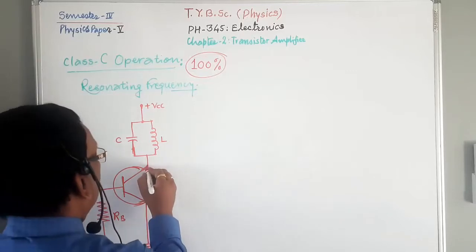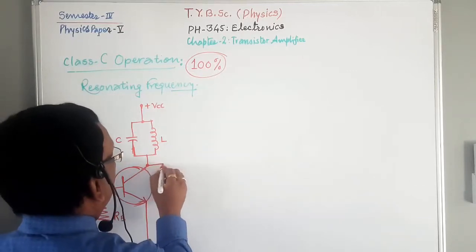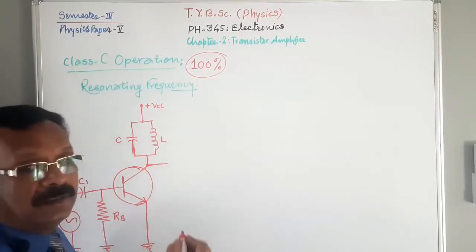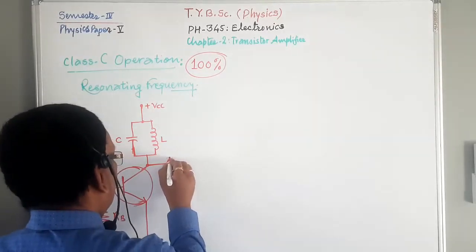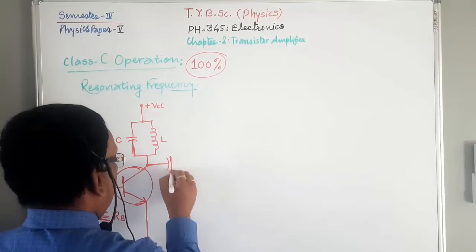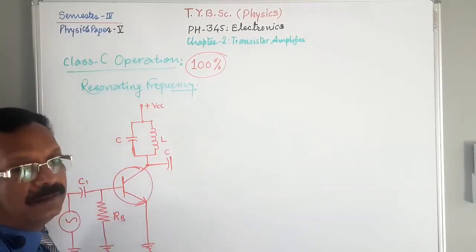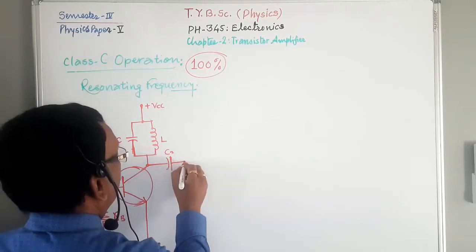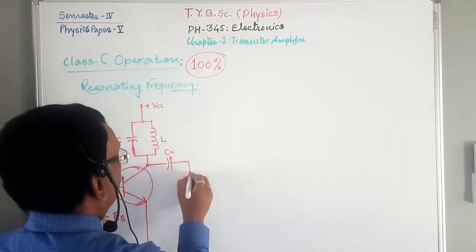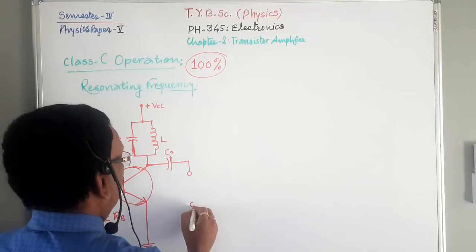Output from this collector is connected through another capacitor, suppose C1 and C2, and then this is the output.